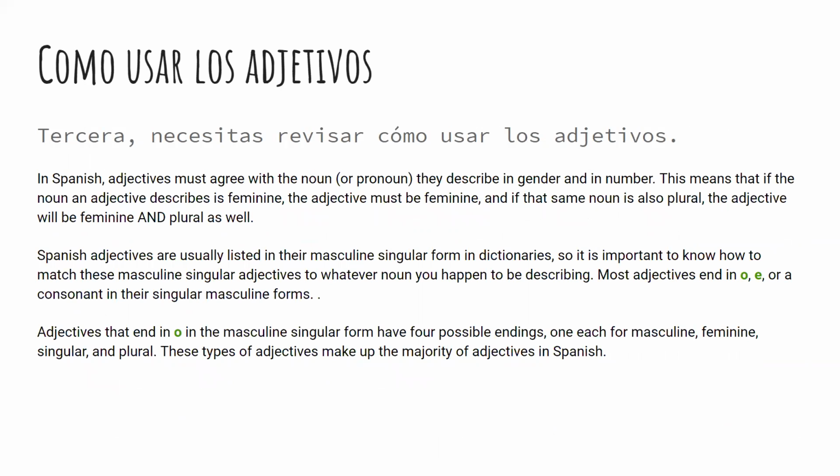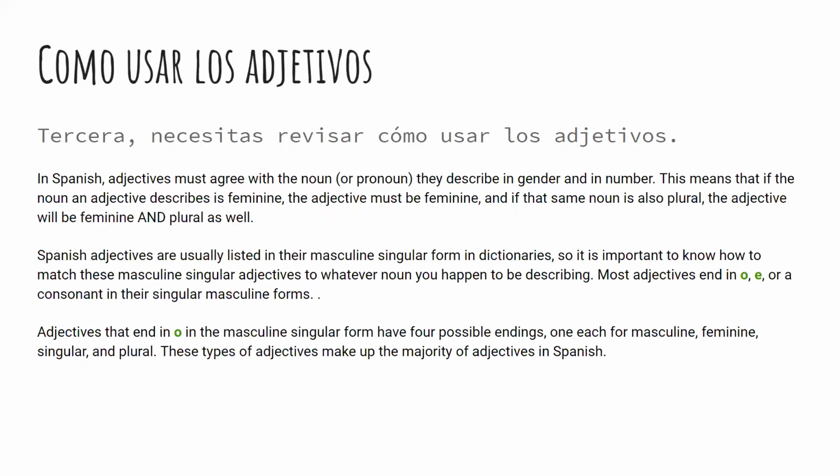Usually, adjectives, when you look them up in a dictionary or if I were to give them to you, usually I'm going to give you the masculine singular form because it's the most basic. So it's important to know how to match those, change them up a little bit so that they match what you're describing. Remember that most adjectives are going to end in O, E, or a consonant if they're in their singular masculine form. So adjectives that end in O are the easiest because you have 4 possible endings, 1 each for masculine and feminine, singular and plural.